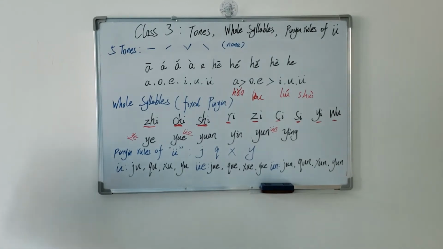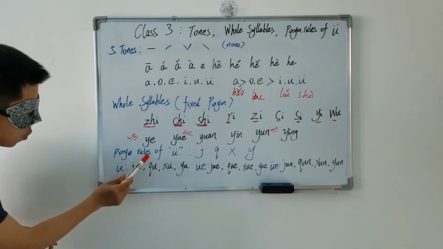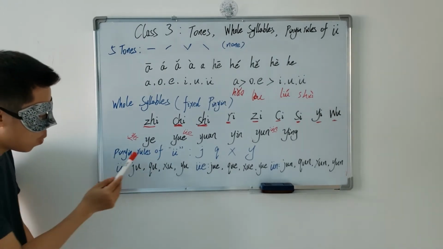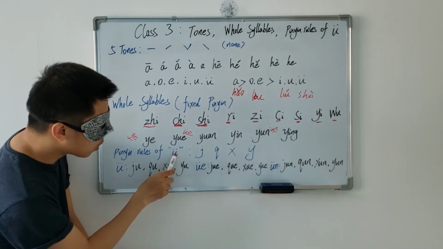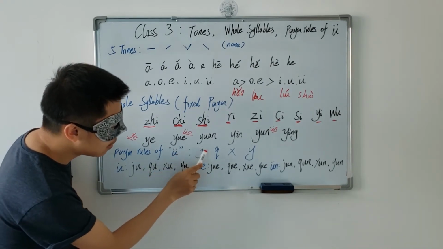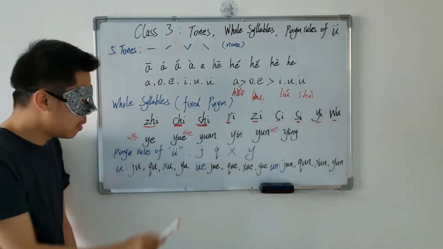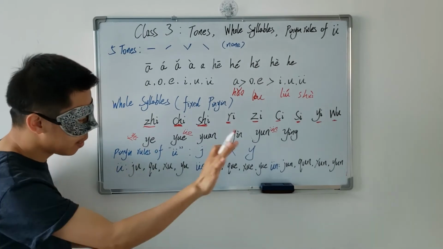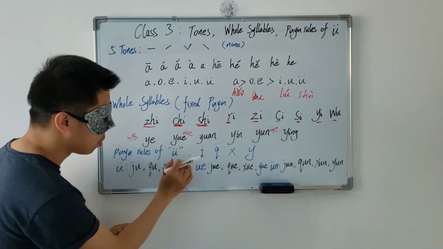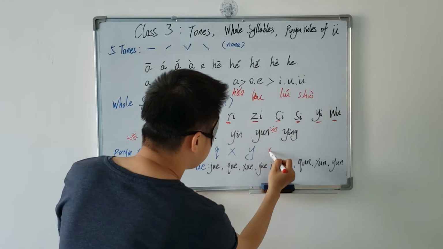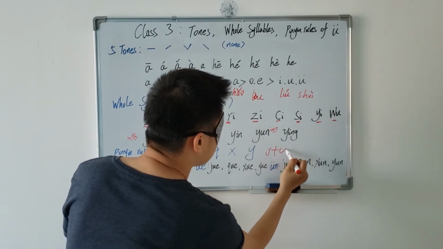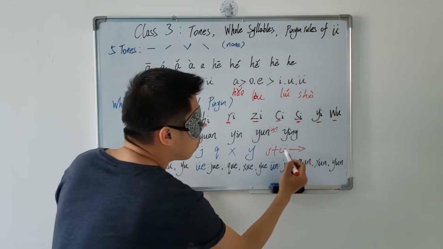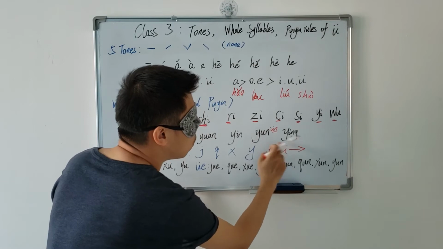Okay, then let's learn the pinyin rules of yu. The rule is that when yu is combined with ji, qi, xi, yi, you always eliminate the 2 points. For example, if you put G and U together, you take off the 2 points.